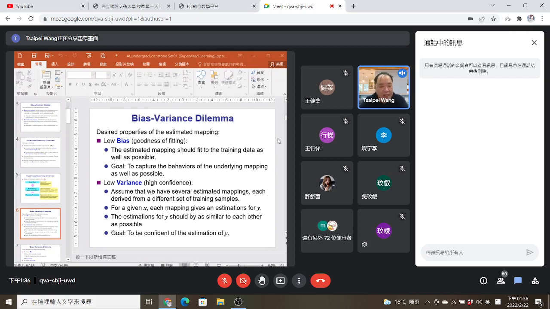Okay. Bias means the difference between the prediction and the correct answers or the targets. Okay. Low bias means for the training data, your model can predict the output very well with very little deviation. Okay, so we certainly like to have low bias.